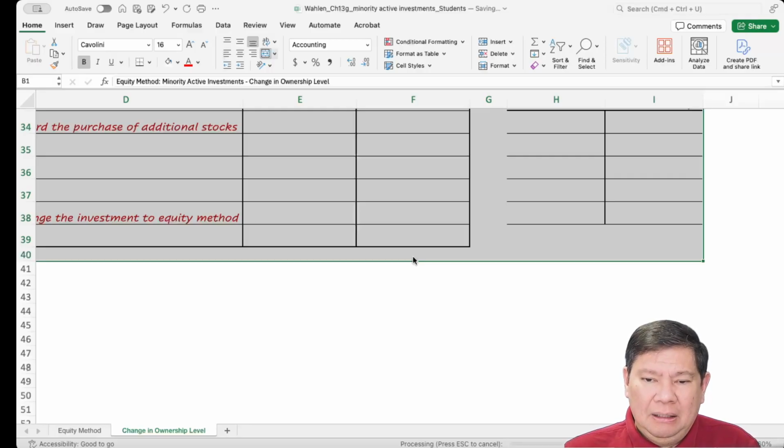Very simple to calculate. Now the notes receivable is $10,000 face value, and the market value is 5,674.27 that we just calculated. The difference is the discount on notes receivable.